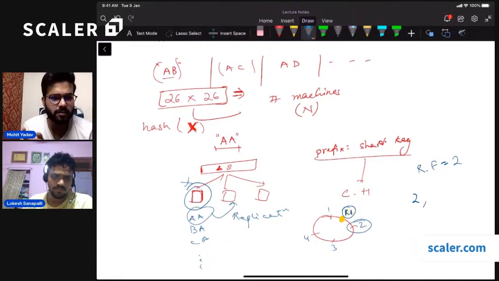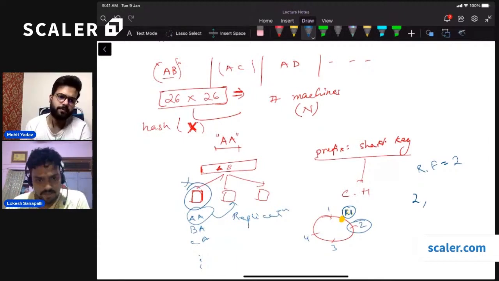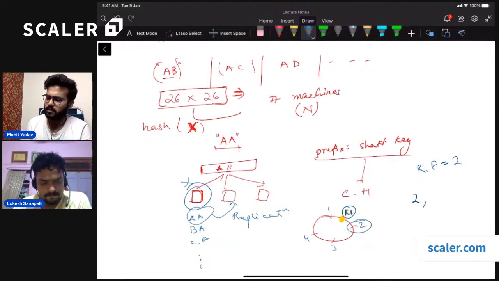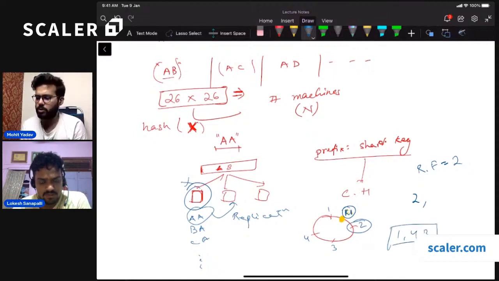Which of the other servers is the best candidate? Your options are 1, 4, and 3, since 2 is already holding the data.